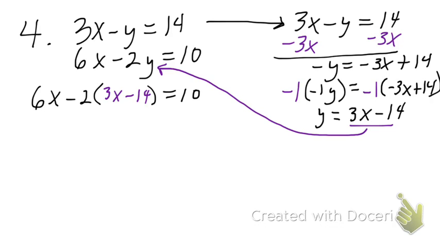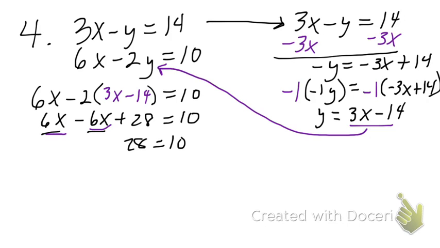So let's do that. So now we can solve for x. Now something strange is going to happen here. Notice we have a 6x and a minus 6x. That adds up to 0. So we're going to be left with 28 equals 10, which is a false statement.